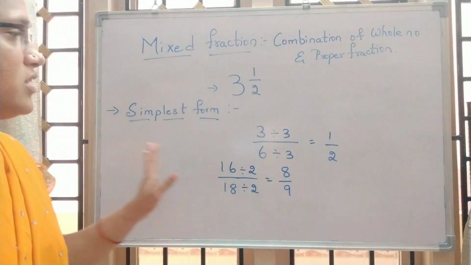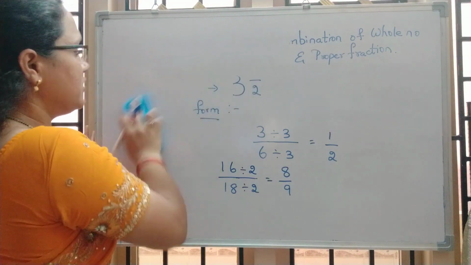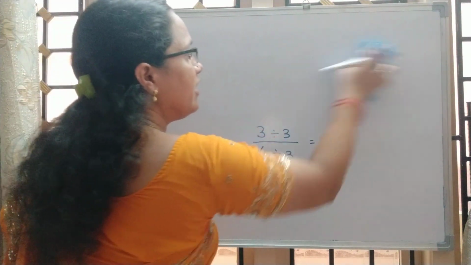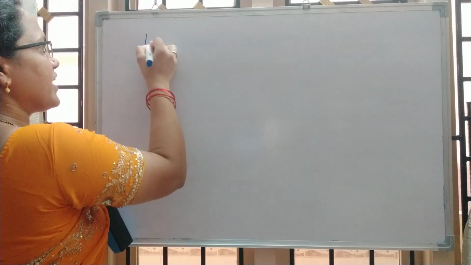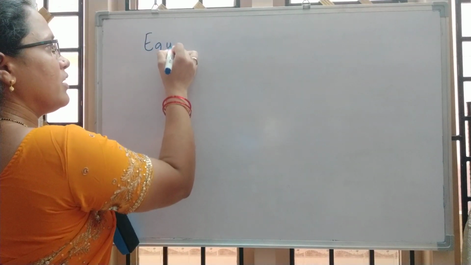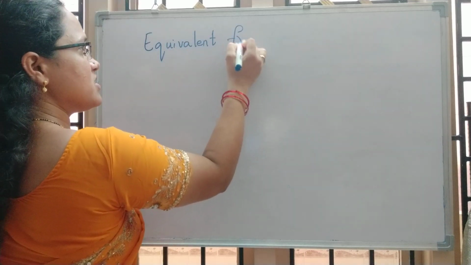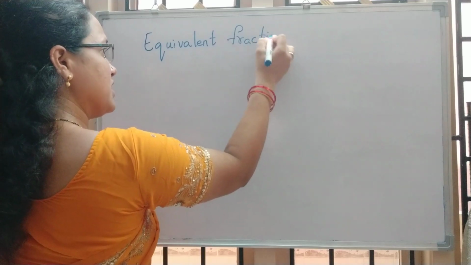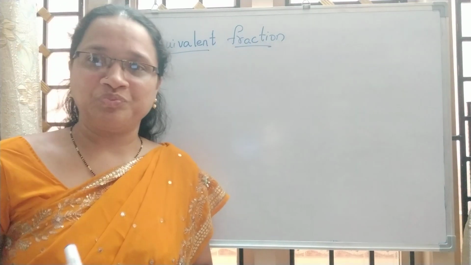Yes. So this is one of the types. And the next type of thing that you regularly learn in fractions is equivalent fractions. What are equivalent fractions? Equivalent fractions means fractions which have the same value.